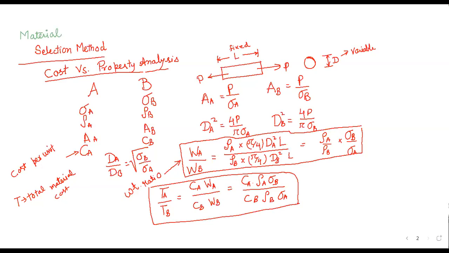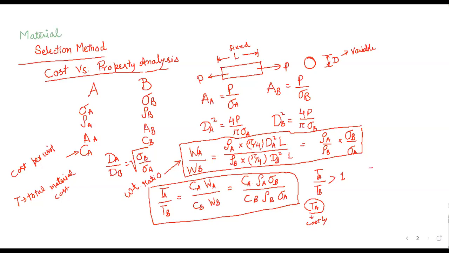Now here you can see, if this ratio TA over TB is greater than 1, it will mean that A is a costly option, and then material B should be selected.